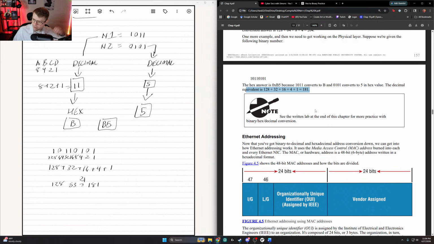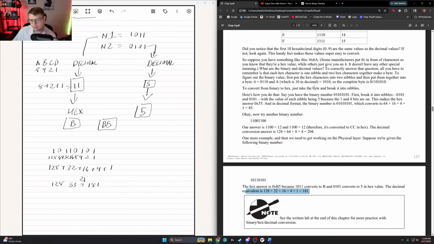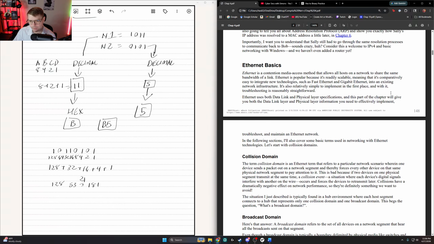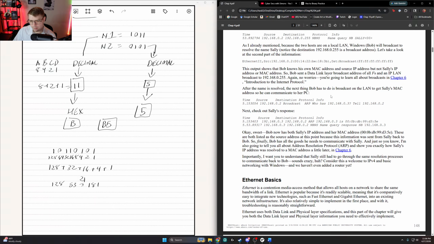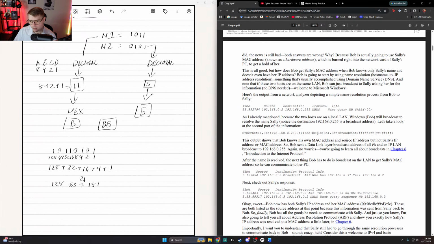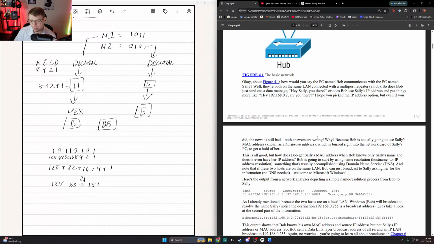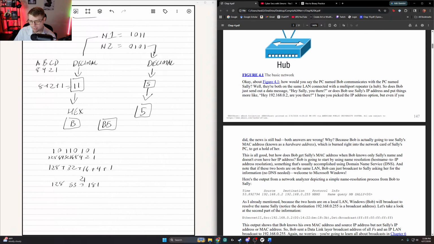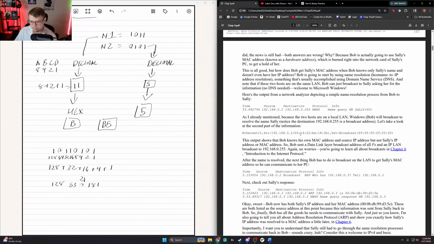All right, so I hope we're all feeling pretty good about that. What is a nibble? Okay, so we'll move back up here. We're going to talk about a MAC address real quick. When we were looking at our earlier example of having Bob trying to talk to Sally, one thing he's going to use there is his MAC address. And here's an example of his MAC address, which is 001422BE183B.